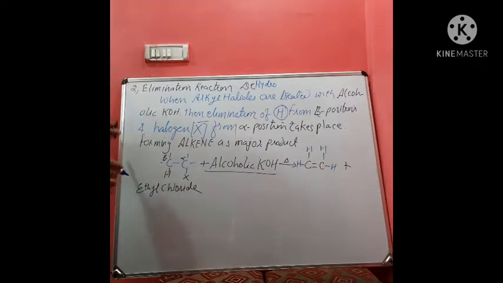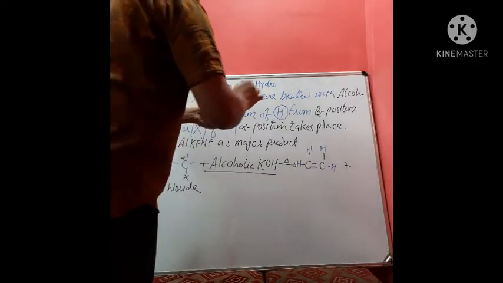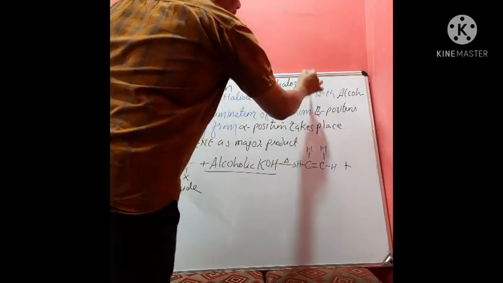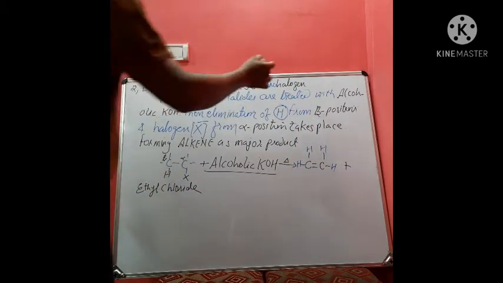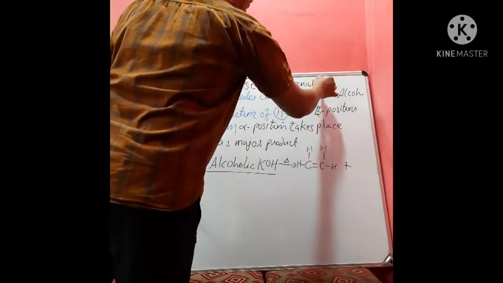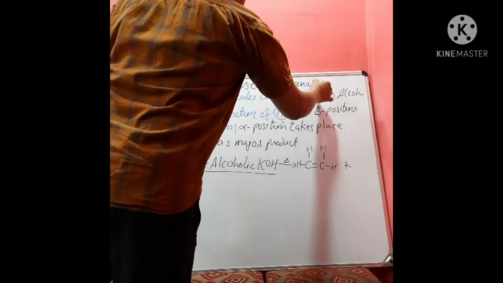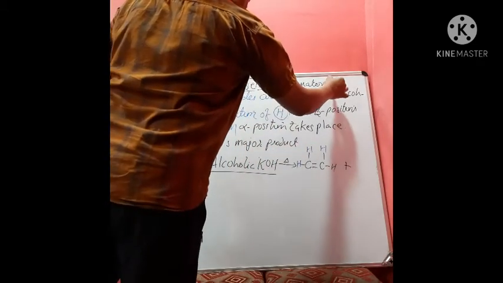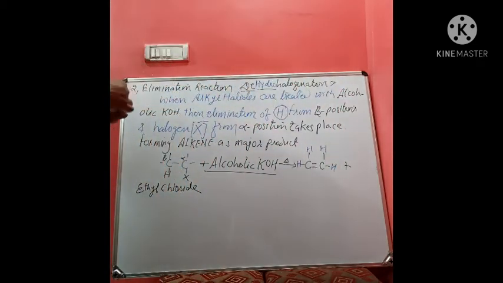Along with it, halogen is also eliminated. Therefore we write halogen, and the process is known as dehydrohalogenation. Therefore this reaction is also termed as dehydrohalogenation reaction, or we can also term it beta elimination reaction.